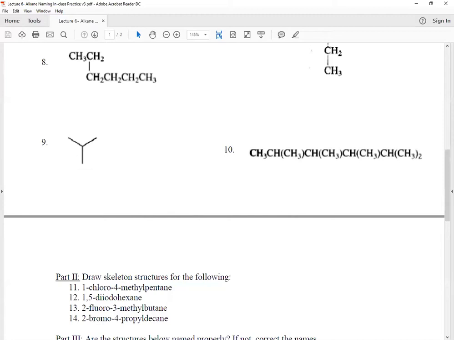Okay, so what's the name of this? 2,3,4,5-tetramethyl, right? Because it's telling me that there's a methyl group on carbon 2, carbon 3, carbon 4, and carbon 5, right? And then hexane.